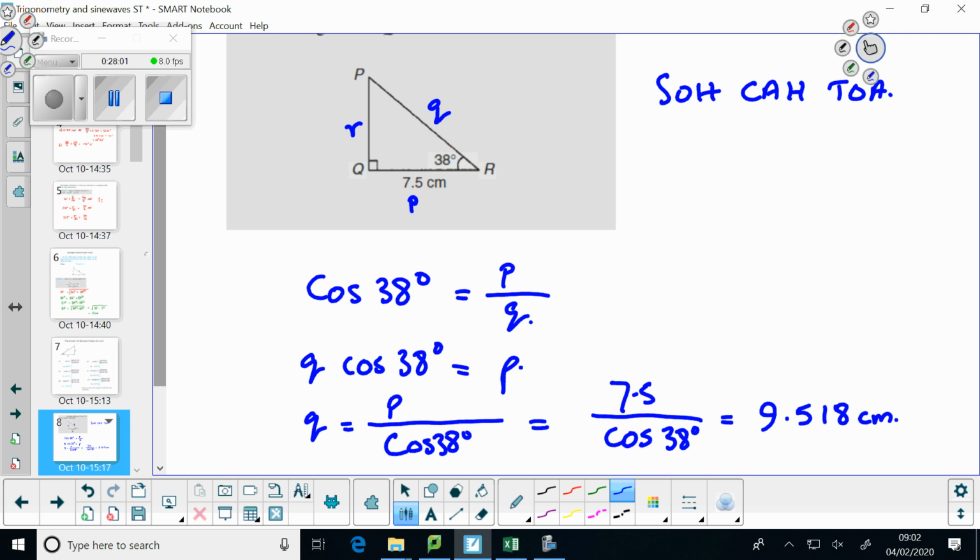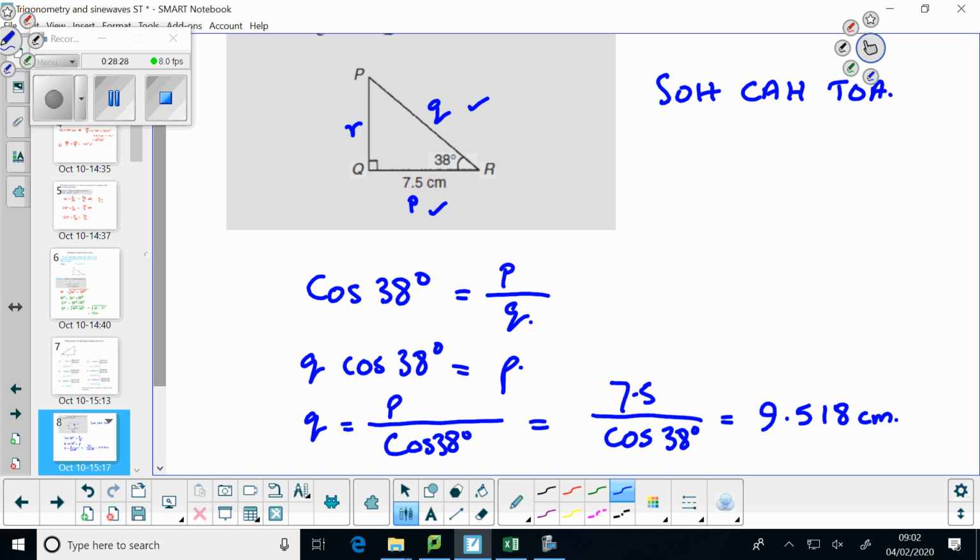What sides do you know? You know that now, yeah? Because you just calculated it. So you could use cosine on the calculated value, yeah?